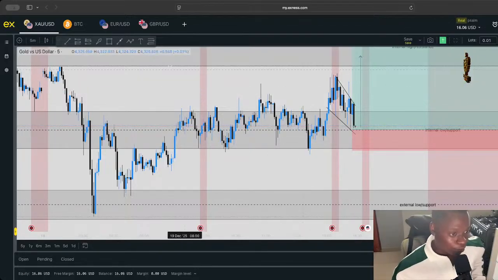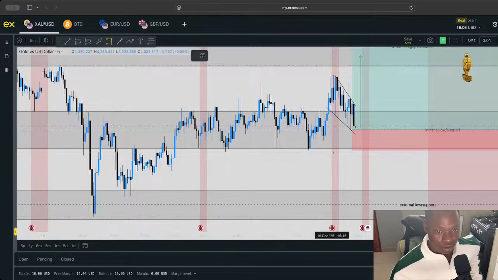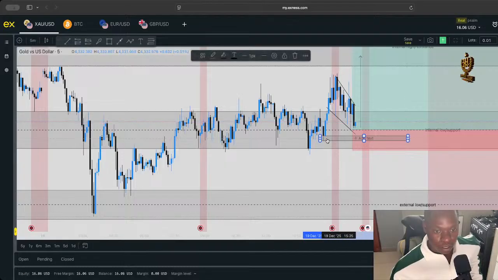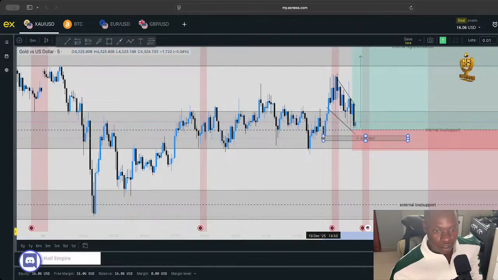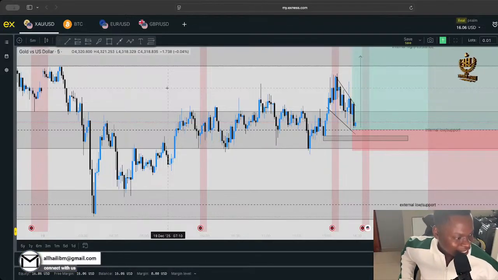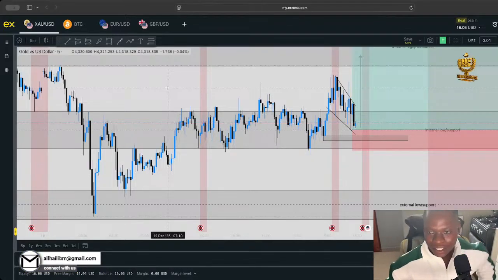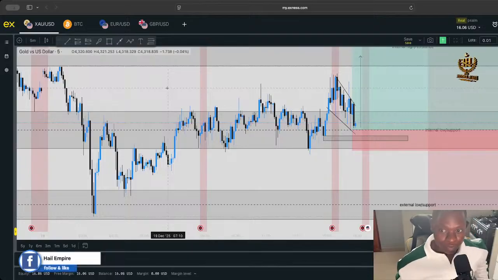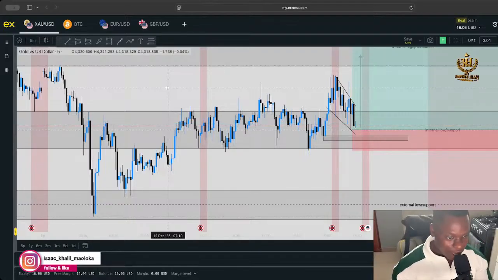So there is a high possibility that price will also visit this little low here. It might mitigate. Why is it leaving us? Come and tap.